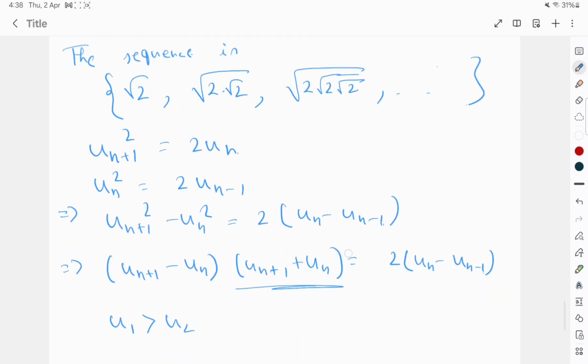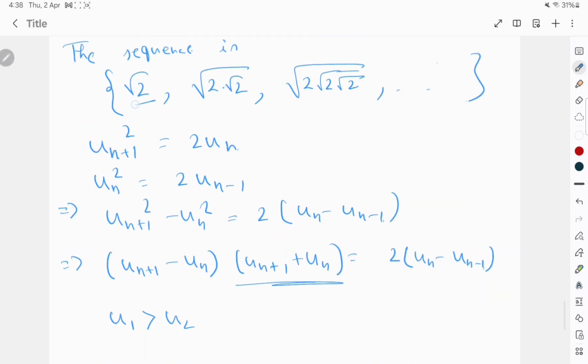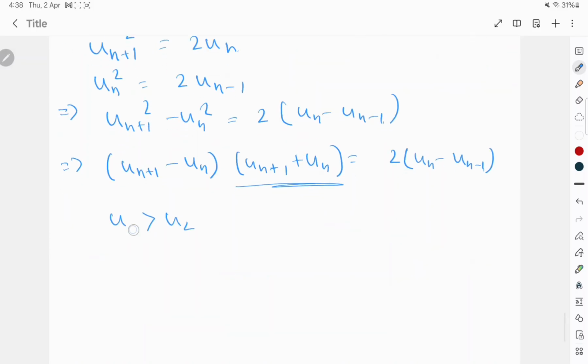What is the relation between u1 and u2? You can check in your calculator. Obviously you will get u2 greater than u1, right? Now if u2 is greater than u1, from there you will get u3 greater than u2.